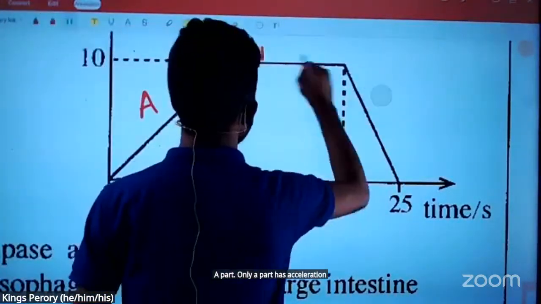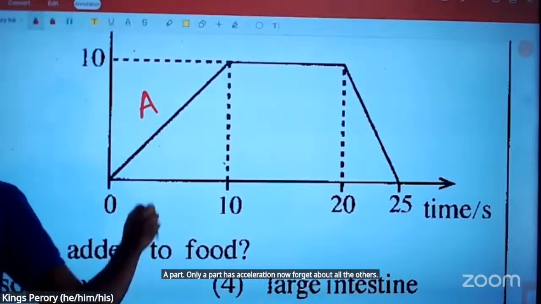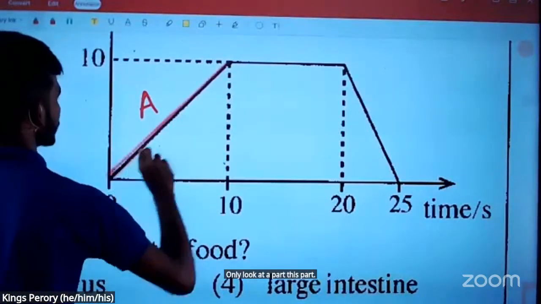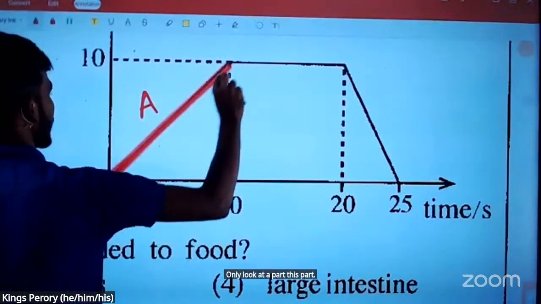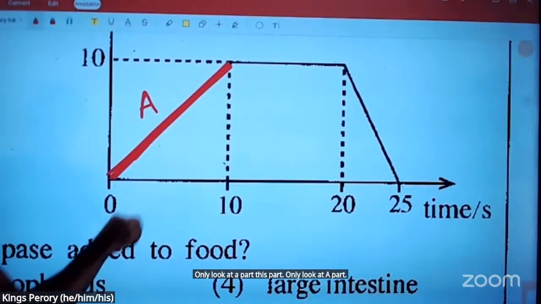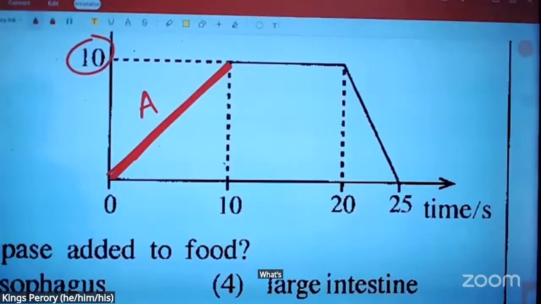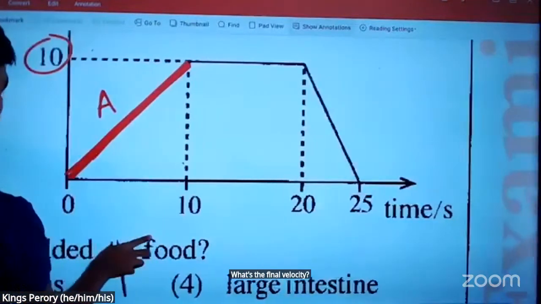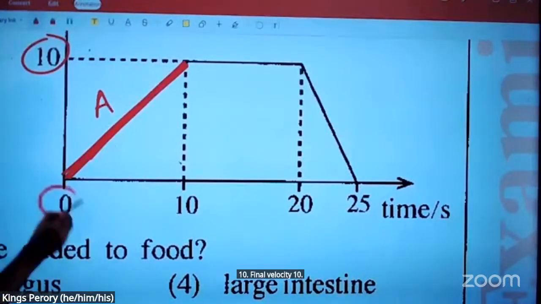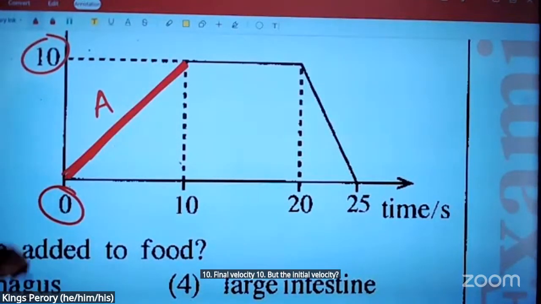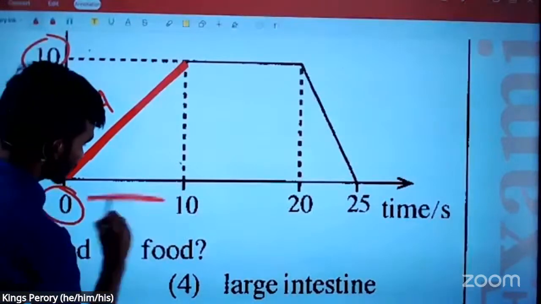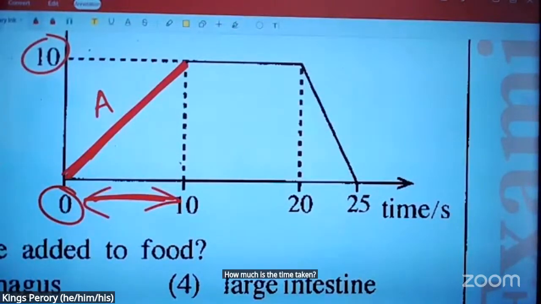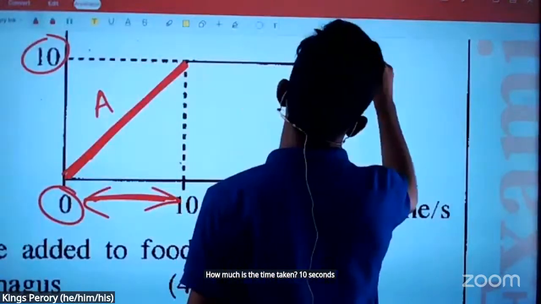Now forget about all the others and only look at the A part. What's the final velocity? 10. What's the initial velocity? 0. How much is the time taken? 10 seconds.